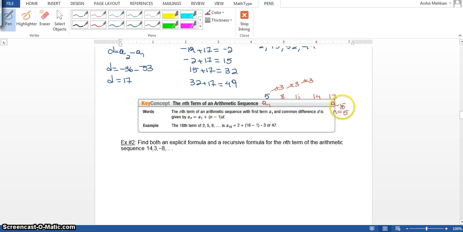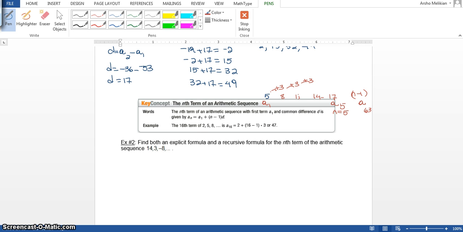So even though I'm on A5, I add 4 3s, right? So if I'm at A63, how many 3s will I have added? 62, always 1 less, okay? I will have added n minus 1 3s. So that's where this formula comes from.